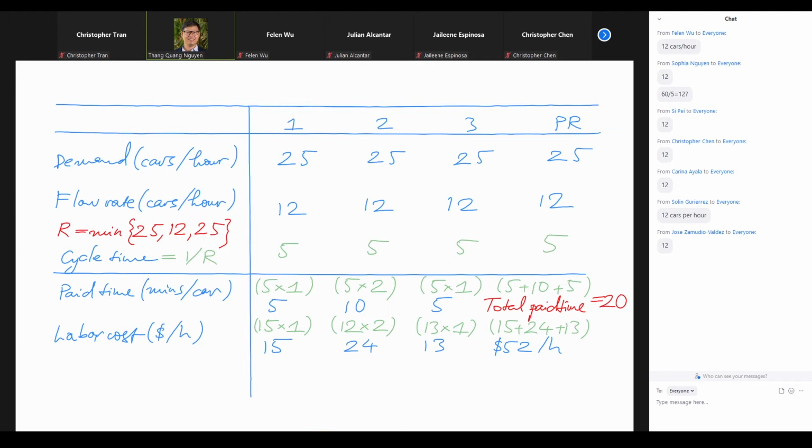Okay, so after we find the labor cost, now we can calculate a new concept here. We call that the cost of direct labor, or CODL.